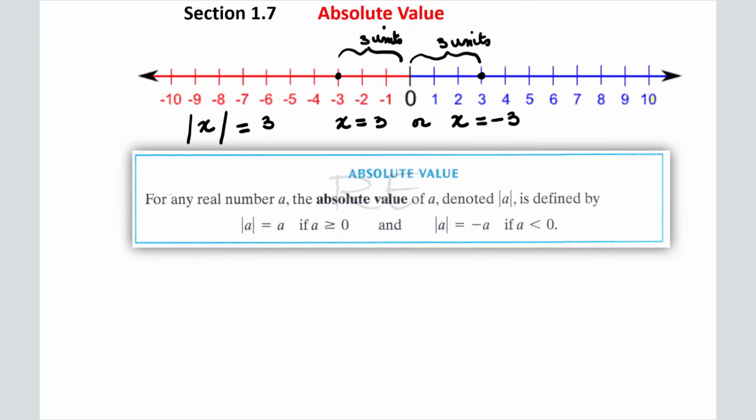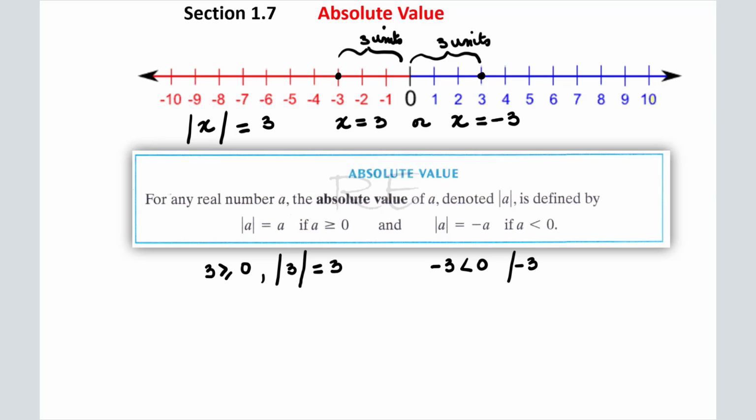The definition says that for any real number a, the absolute value of a is equal to a if a is positive, and the absolute value of a is equal to the opposite of a, negative a, if a is negative. For example, 3 is positive, the absolute value of 3 is equal to 3.